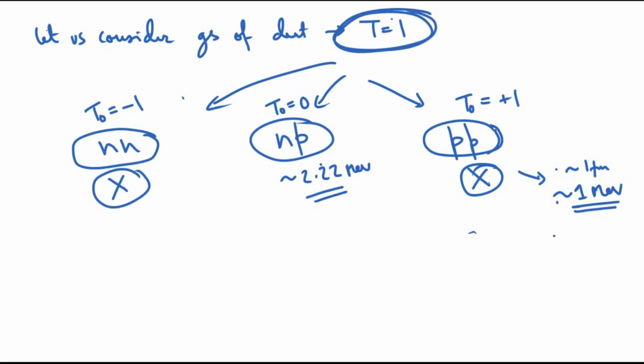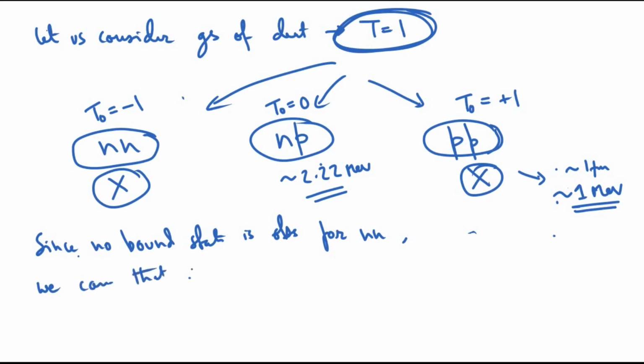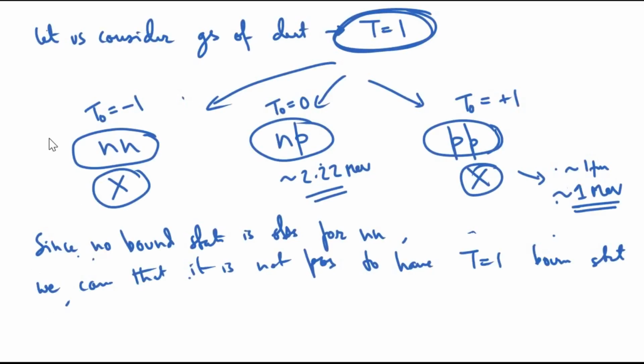So since no bound state is observed for two neutron, we conclude that it is not possible to have a T equal to 1 bound state for two nucleon.